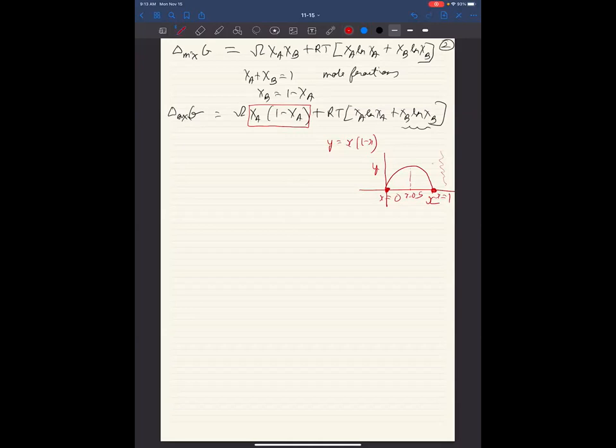So let's look at it. So let's plot equation 2 for 4 different cases. First case, we will do omega negative and high temperature. Second case, we will do omega negative and low temperature.